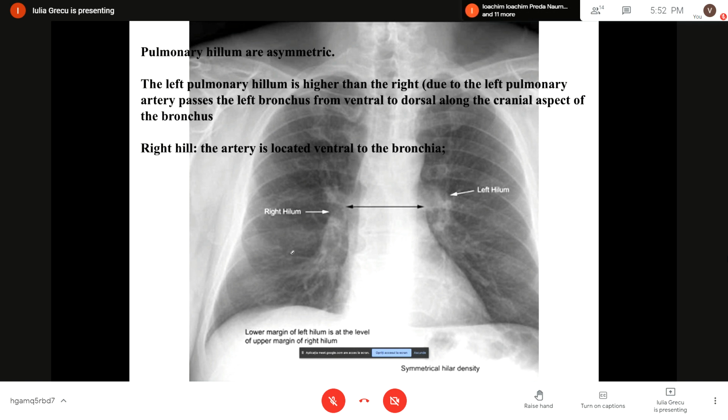It is very easily visible that here we have pronounced vascular markings. Then in the apex region of the lungs, the aspect is much clearer.